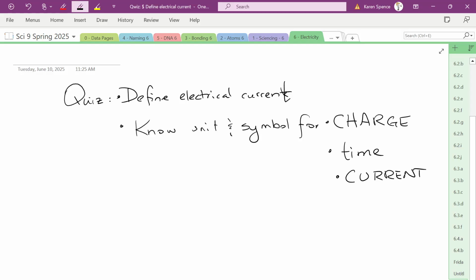In this particular case it doesn't matter, because we are just ignoring the size of the thing. We're just saying this much current is flowing past. Maybe you've got a bigger thing and it's moving more slowly, or maybe you've got a smaller thing and it's moving more quickly, but the amount of charge flowing past that point is whatever it is. Did that make sense? Cool.